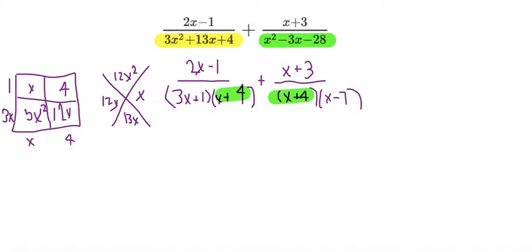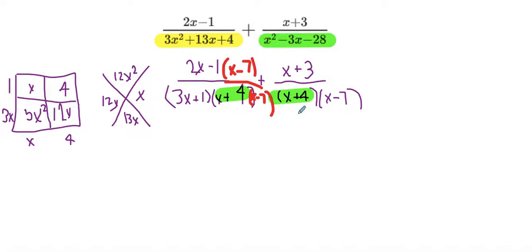So now in my denominator, I have 3x plus 1, x plus 4, x minus 7.